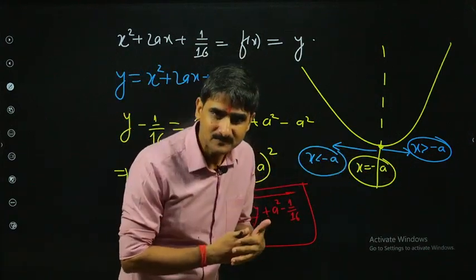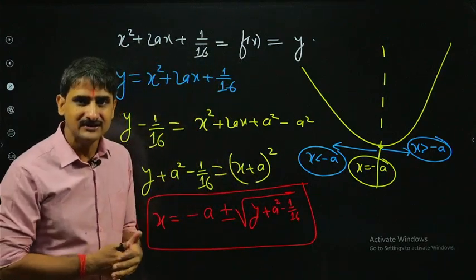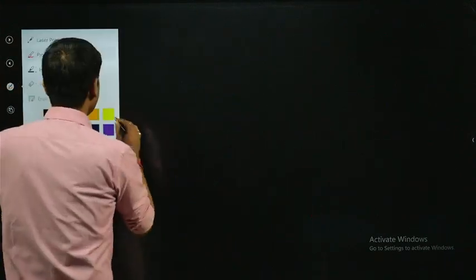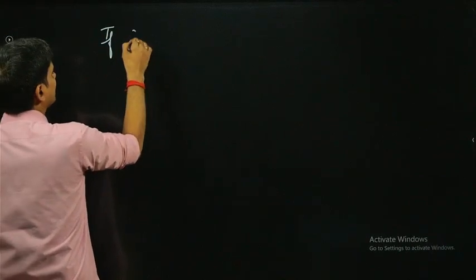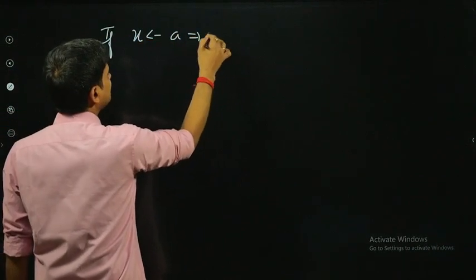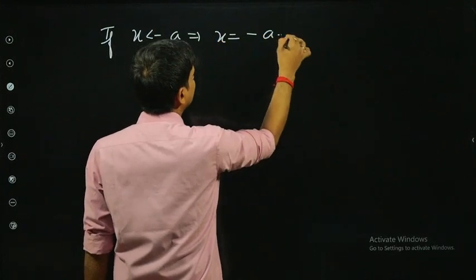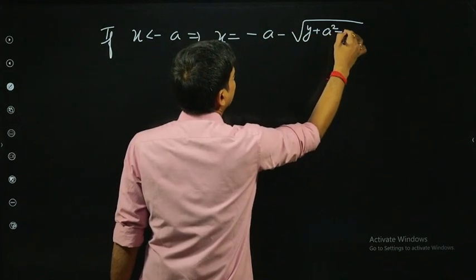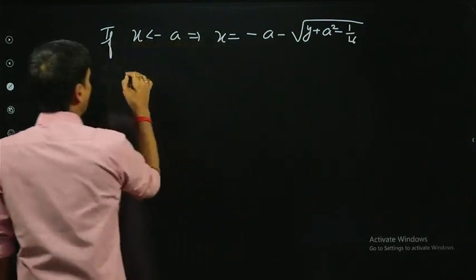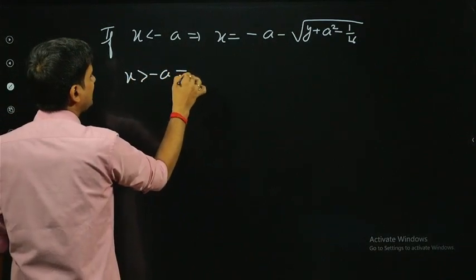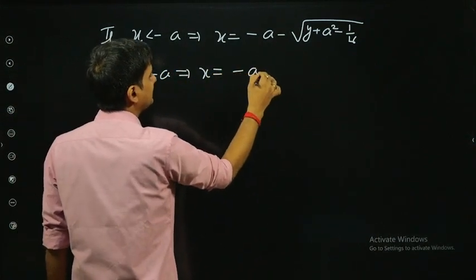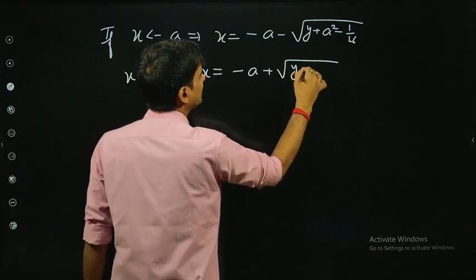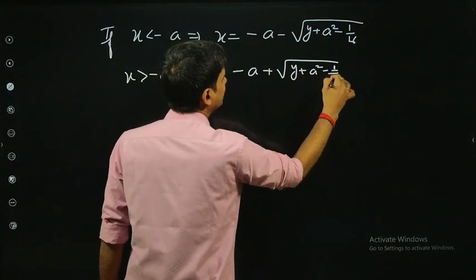So if x is less than minus a, I will choose the minus sign for the root. Of course, in that case only it is less than minus a. Or if x is greater than minus a, we will choose minus a plus under root of y plus a square minus 1 by 16.